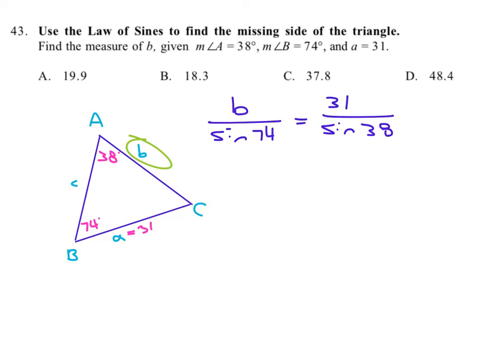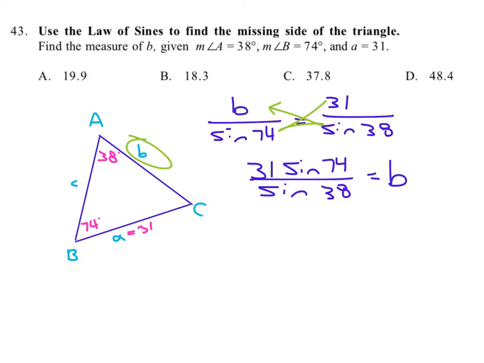And then using that picnic table method, this times this divided by this, we'll find that. Since it's not an angle, we'll just type it in directly. It is 31 times sine of 74 divided by sine of 38 equals b.